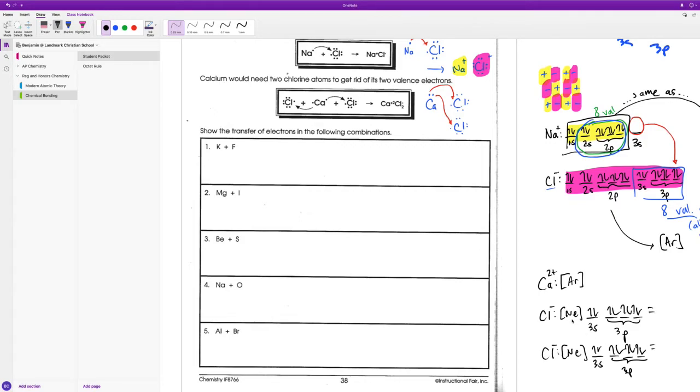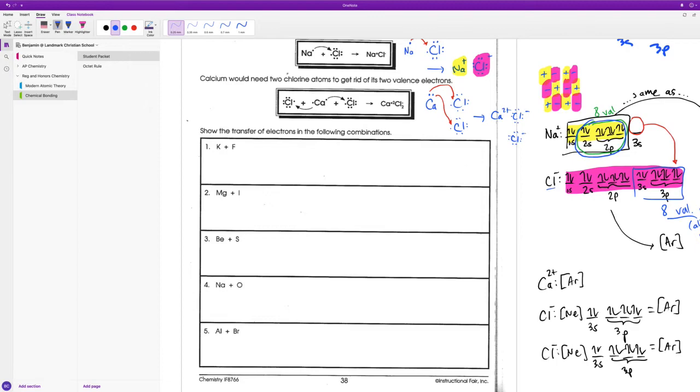What is neon plus 2 3s and 6 3p electrons? That's also like argon. Interestingly, in the compound calcium chloride, all of these elements end up with argon's electron configuration once you get the ions there, Ca2+ with chloride, and there's its dot diagram.